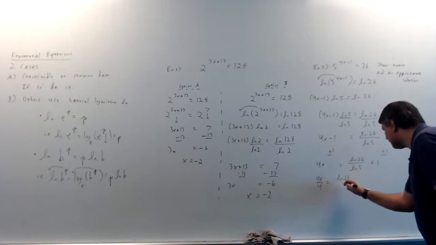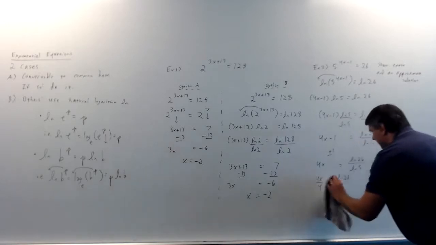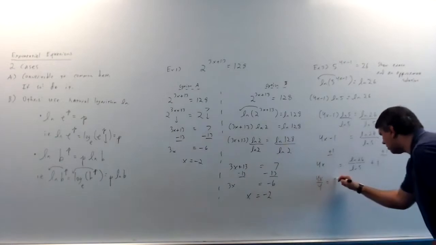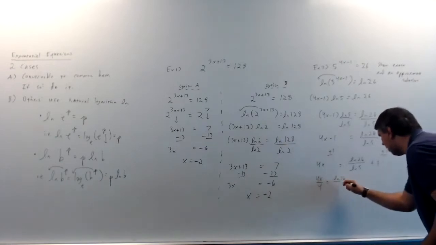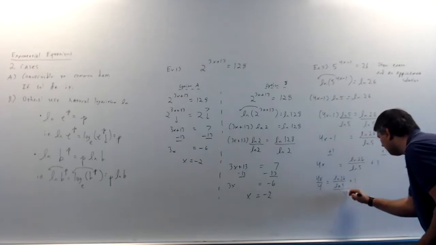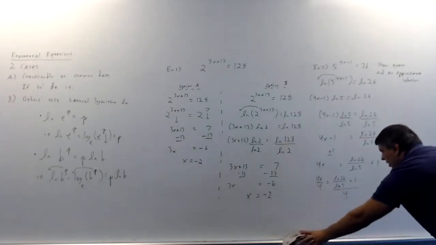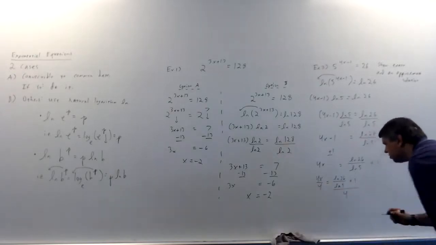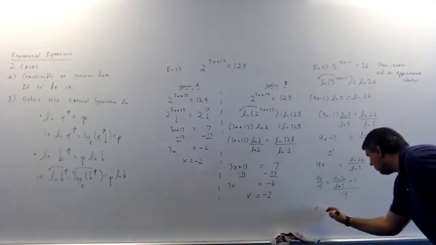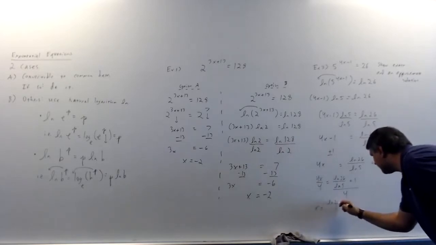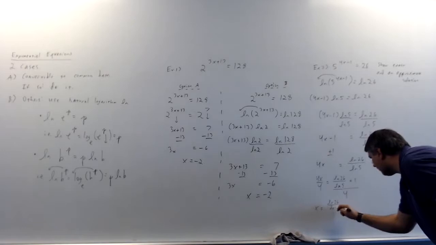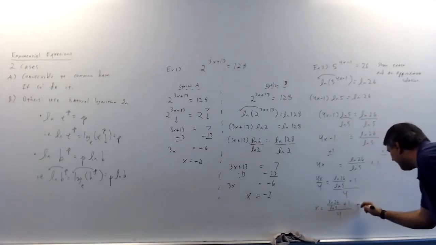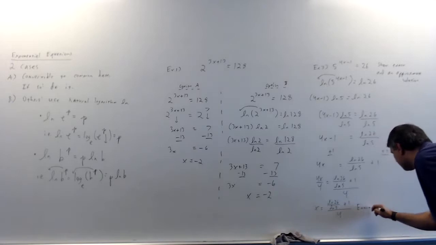So x equals the natural log of 26 over the natural log of 5 plus 1, over 4. That is an exact way of writing this solution.